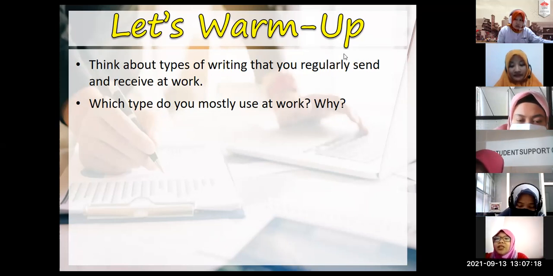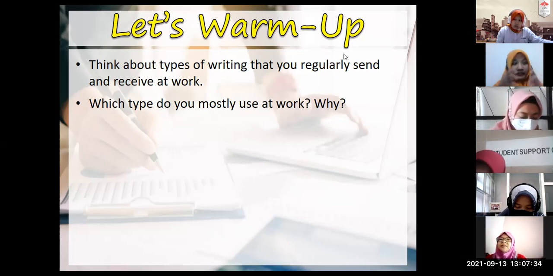Usually I use all three of these, Miss. Letters, memo, and email. Ah, I see.